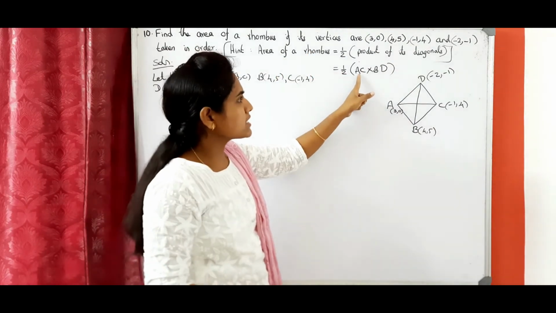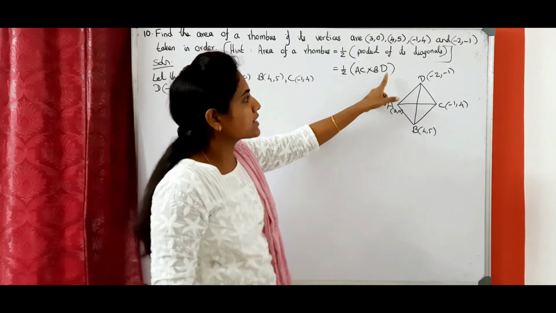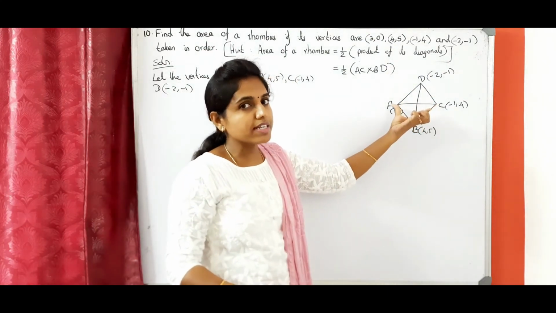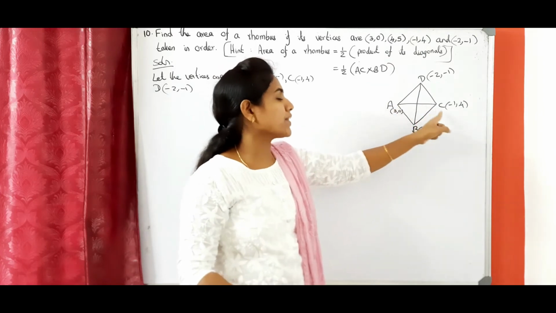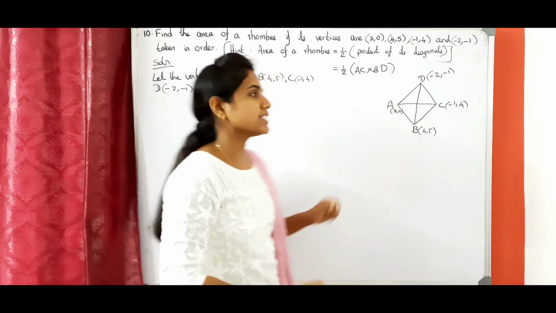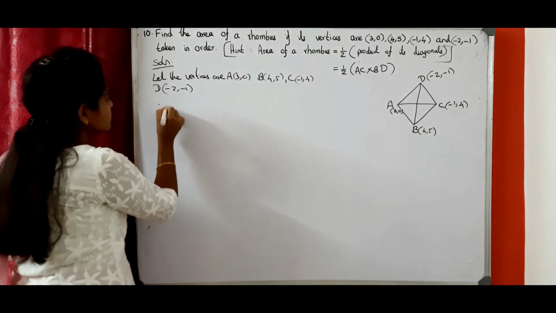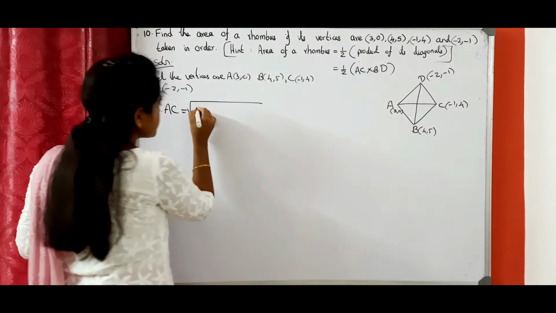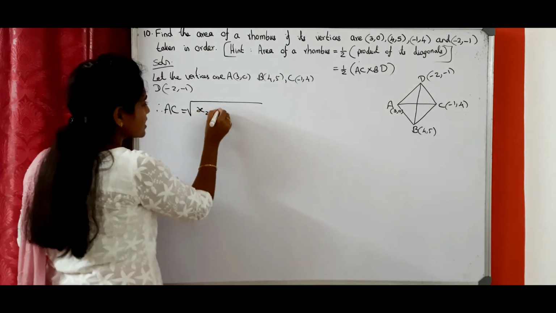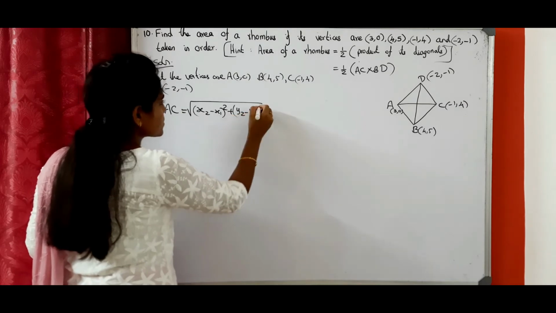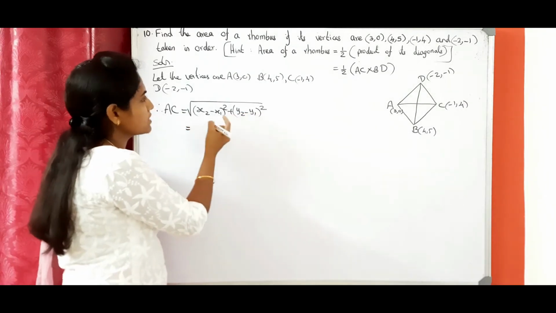Okay, first we need to find AC and BD. How can we find AC? Using the distance formula. We know the 2 points. What is the distance formula? Root of (x2 minus x1) the whole square plus (y2 minus y1) the whole square. Now we can apply the values in the formula.